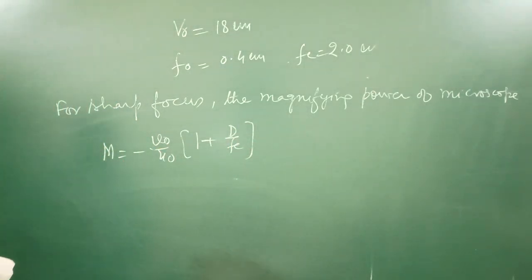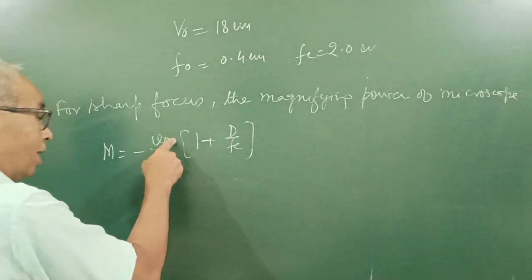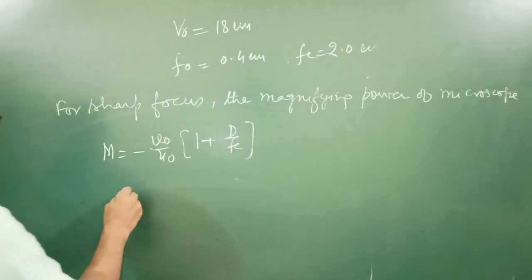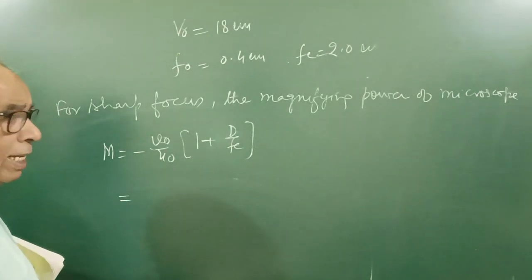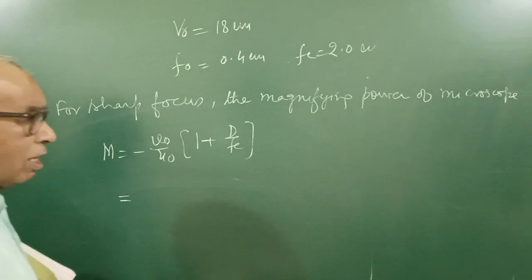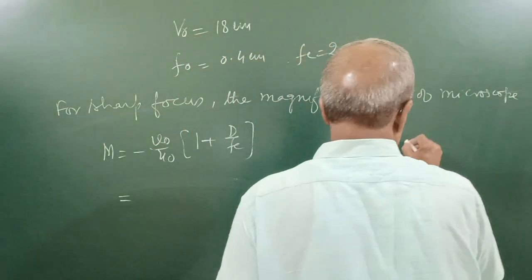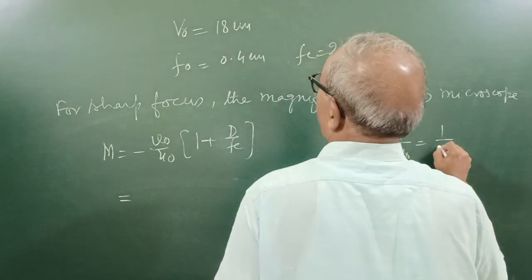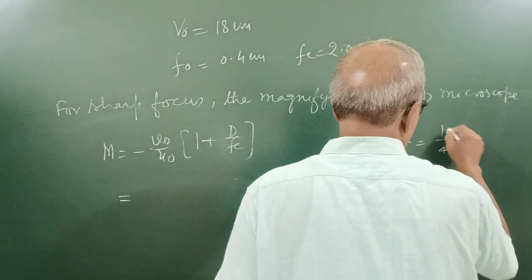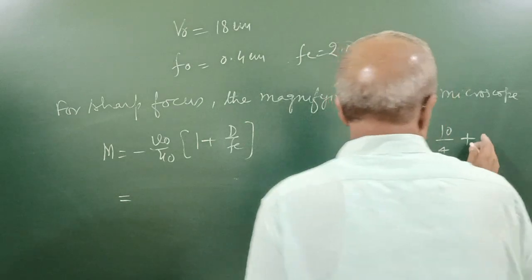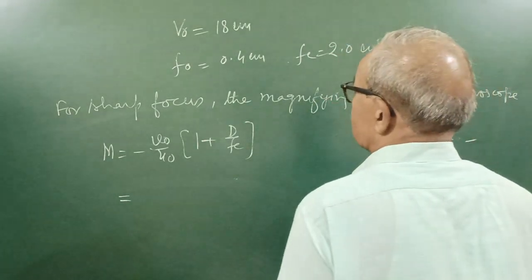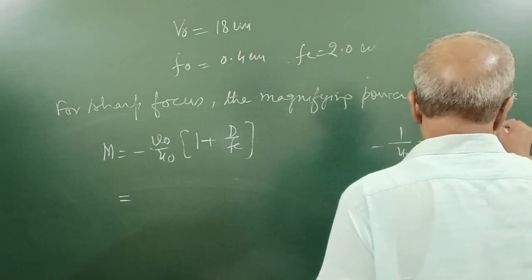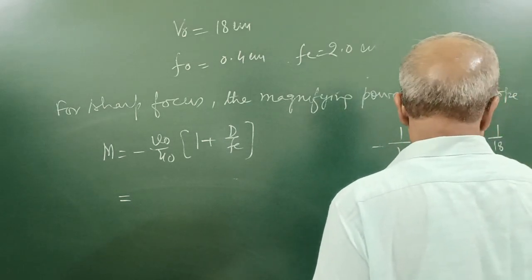So now we have determined VO, given, for that VO, UO was there. I forgot how much that is. What was that? 1 upon UO, 1 upon FO, 10/4 plus or minus 1 upon 18, yes, like this.